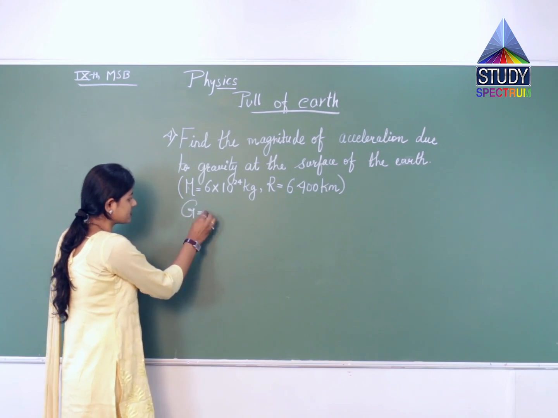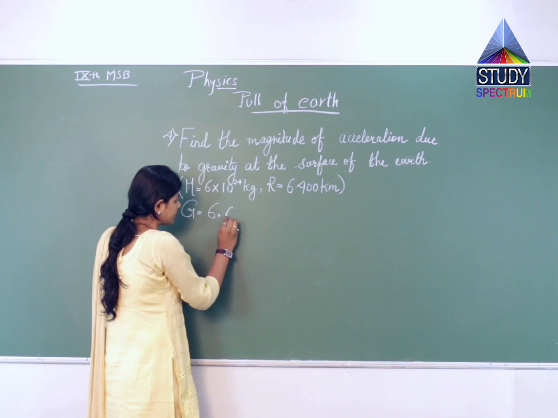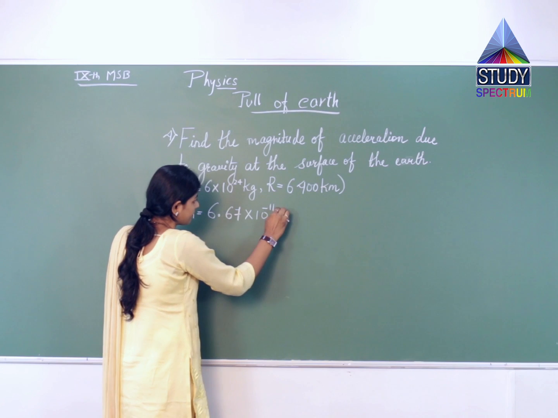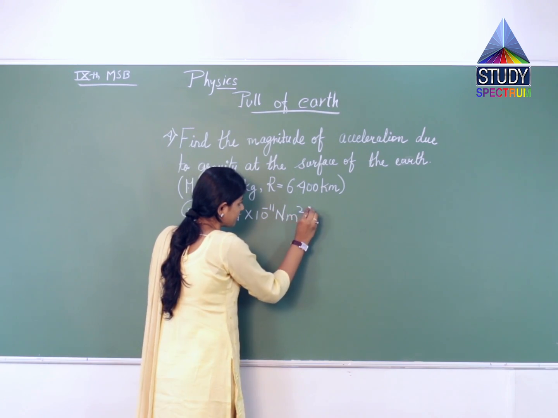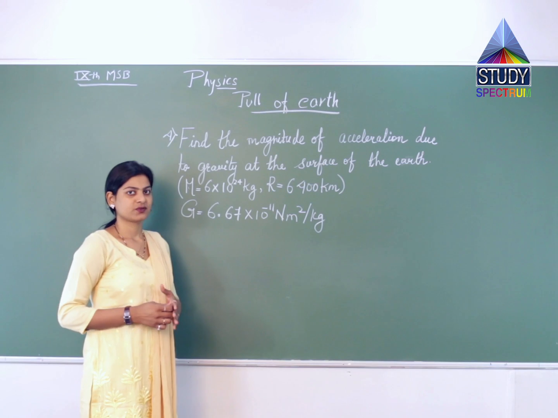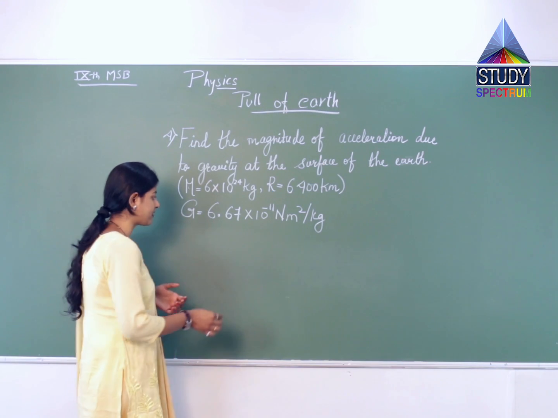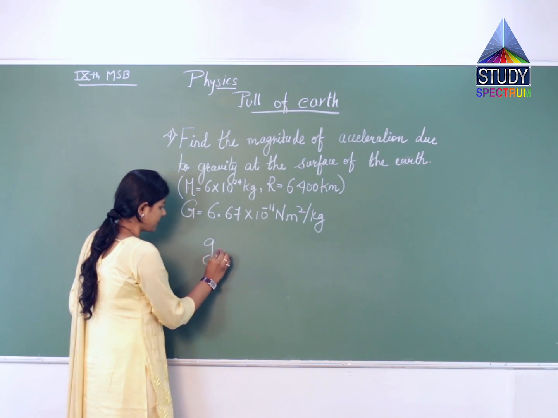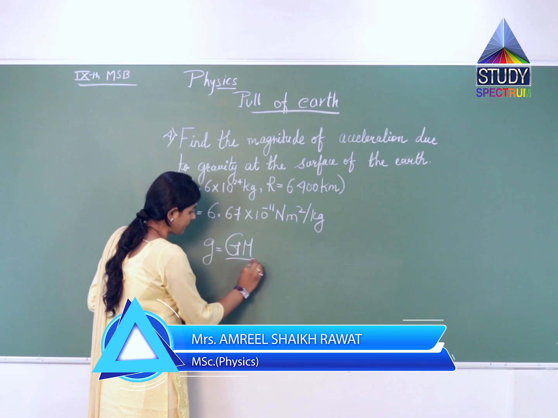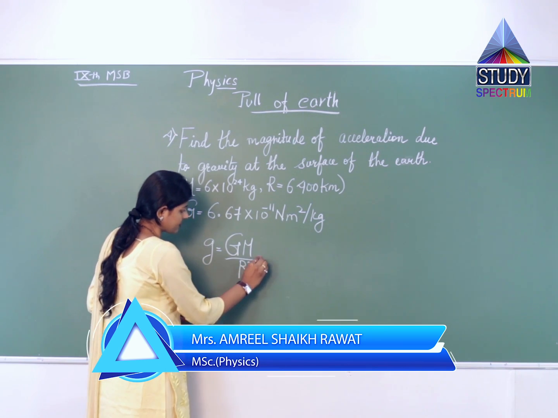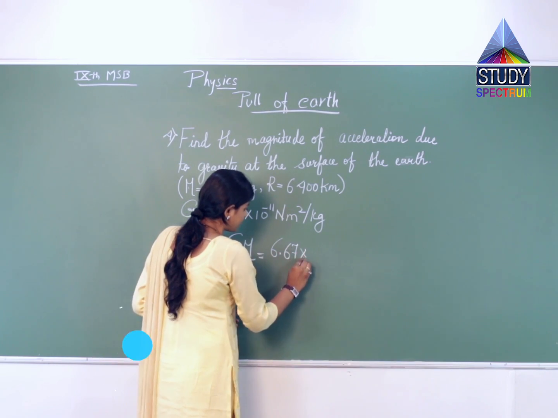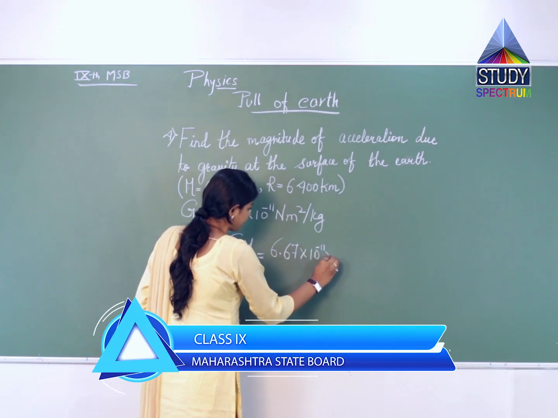G, which is constant, the value of G is 6.67 into 10 raised to minus 11 Newton meter square per kg square. So we have to find the acceleration due to gravity, which is g equals to capital G M upon r square. Substituting the values, G is 6.67 into 10 raised to minus 11.